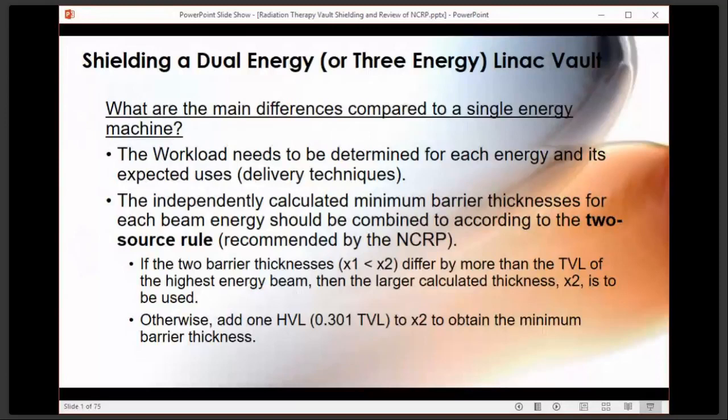We'll do it for the 2 different energies, or if there's 3 involved, we'll repeat it and do it again for all 3. So each time our barrier is going to be the more conservative thickness out of the possible combinations.